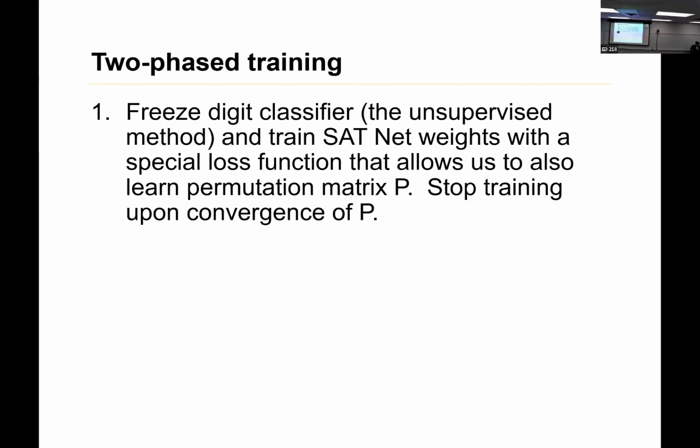So their idea is to do this kind of two-phase training. First, freeze the digit classifier, and train the weights with a special loss function that also allows learning an initial permutation matrix P. And then upon the convergence of P, they stop training with this initial phase.